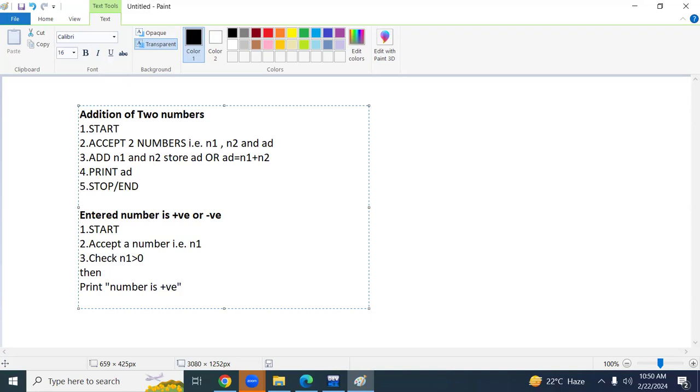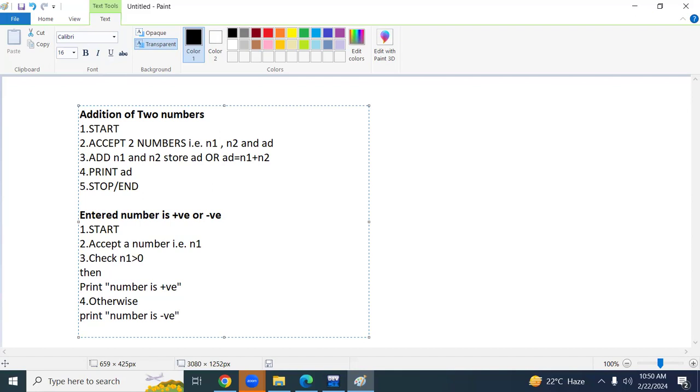Yes, if it is greater than 0, then we need to print number is positive. Otherwise, tell me guys, if it is not greater than 0, then what happens? Print number is negative. Yes or no?